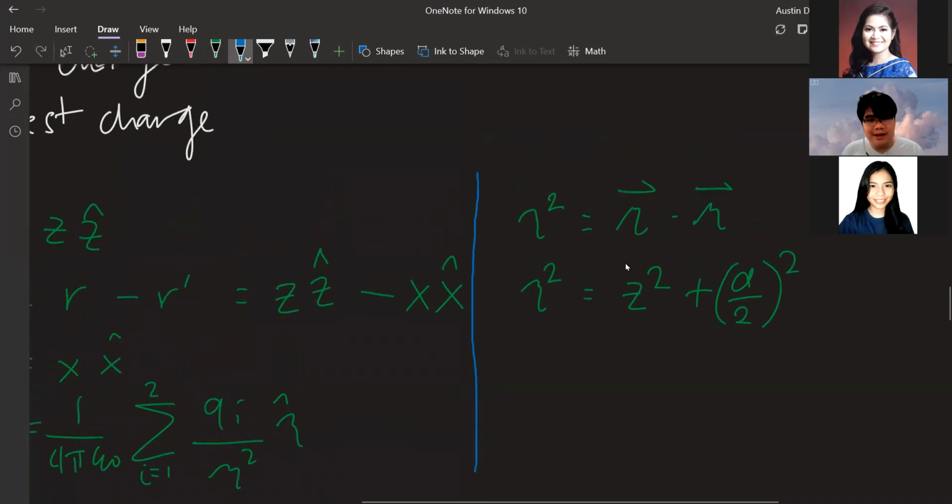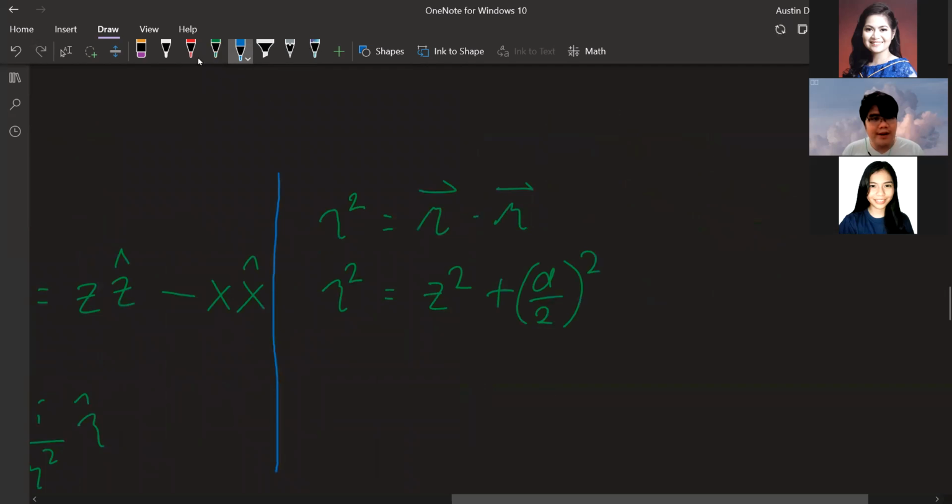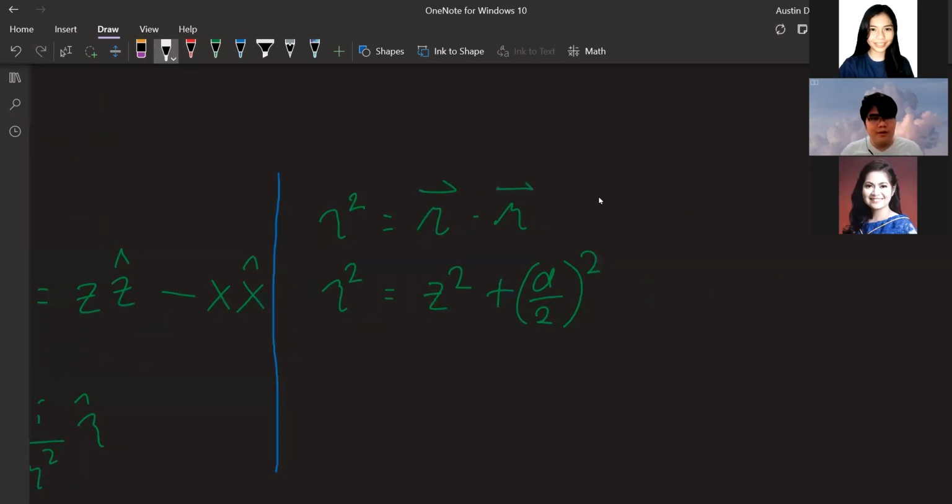Will I get the same thing if I dot product it with itself? Let's try. So the dot mo yung sarili niya, sa sarili niya. So magpa-partner lang yung mga vectors mo, z hat and x hat. So yung z hat, magpa-partner lang siya with z hat. So z squared, tama?